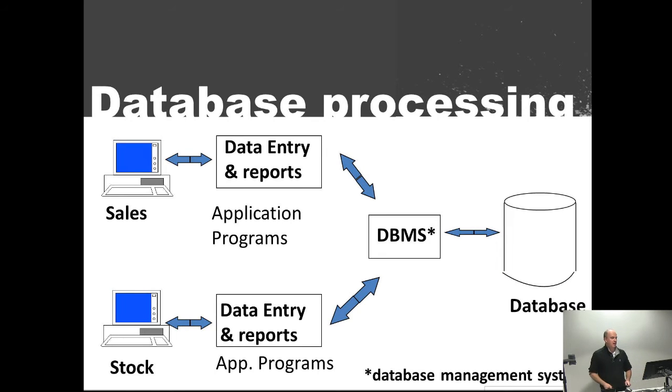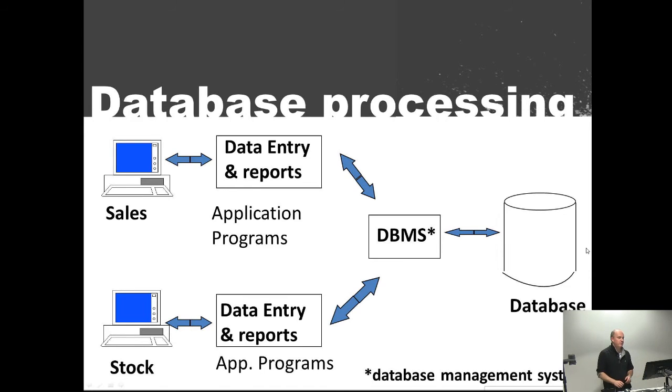While in a database management system, you have one system, a unique system, which is your database management system, and the sales and the stock are two applications part of the same system. So it means that the data are combined, are in a unique place in the database.